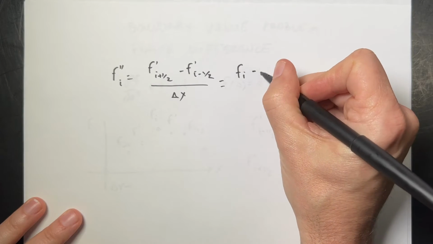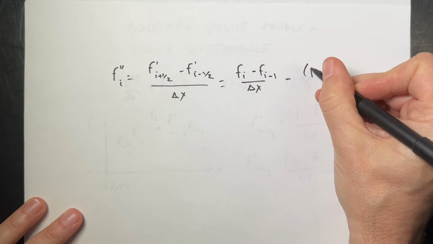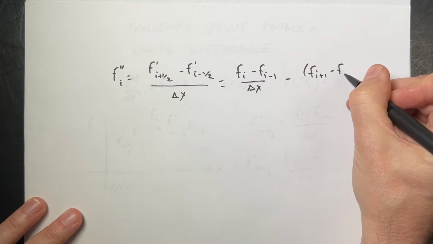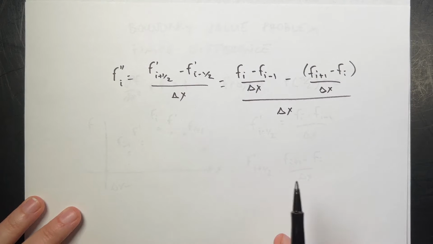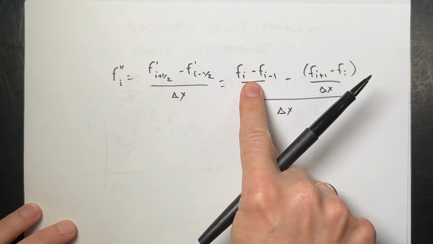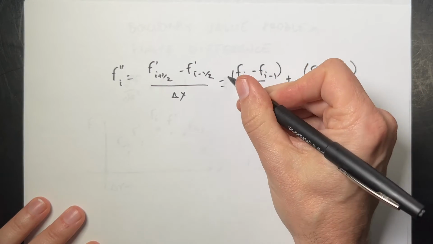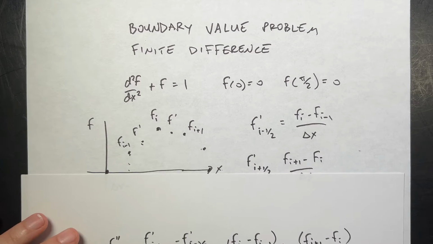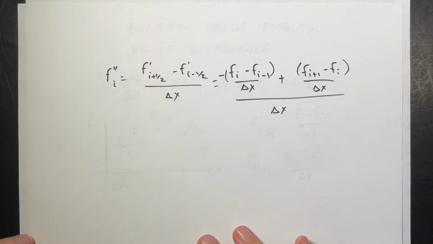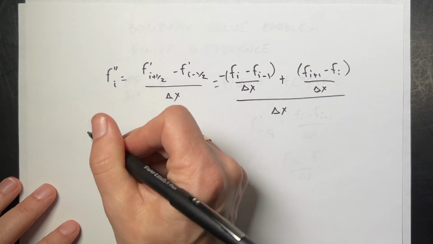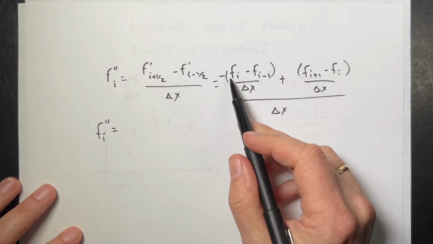So I get fi minus fi minus 1 over delta x minus fi plus 1 minus fi over delta x, and all of that over delta x. Oh, I got that backwards. So it's f prime of i plus 1/2 first. Okay, so I can divide both sides by delta x, and I get f double prime of i.